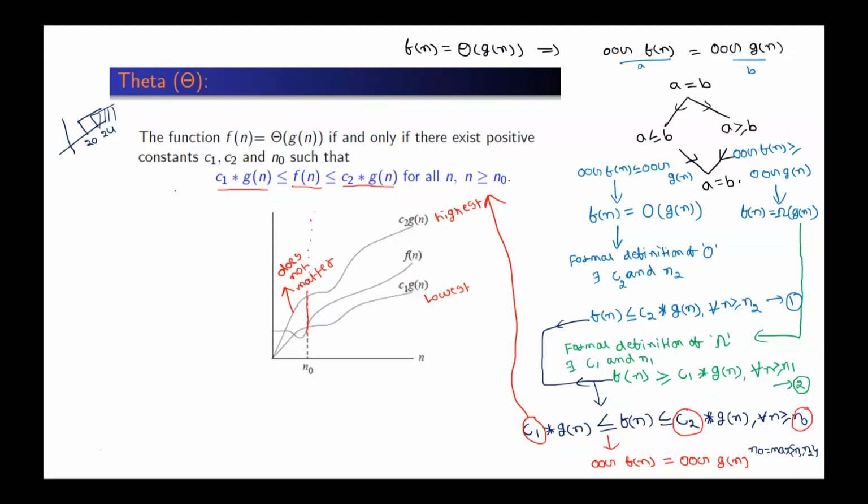Okay, simple example. N into n plus 1 by 2 is theta of n square. How to prove this?